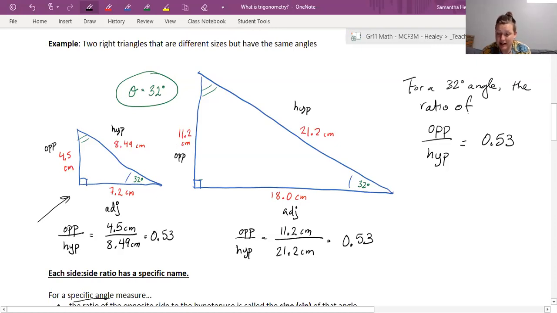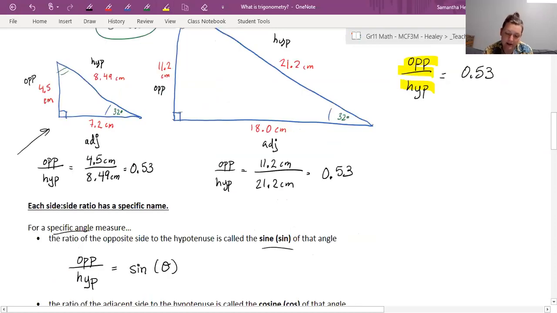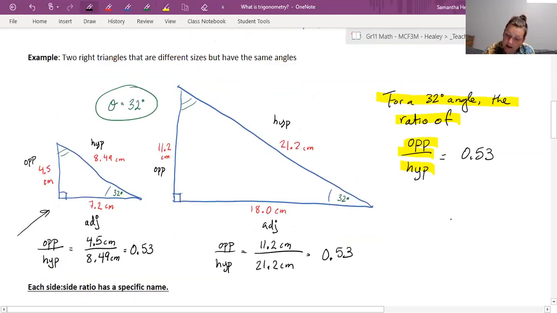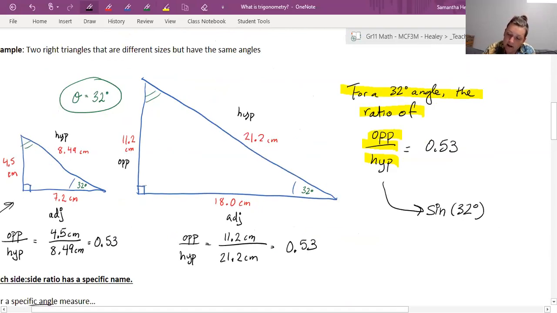That takes a really long time. So instead of this whole sentence right here, we can just write this using this specific name. So to shorten this up, we can say the sine of 32 degrees equals 0.53.